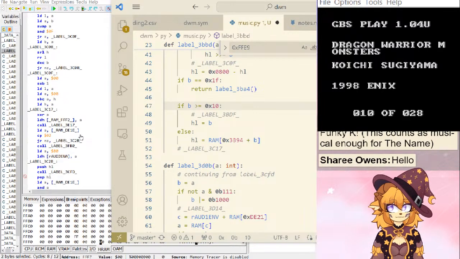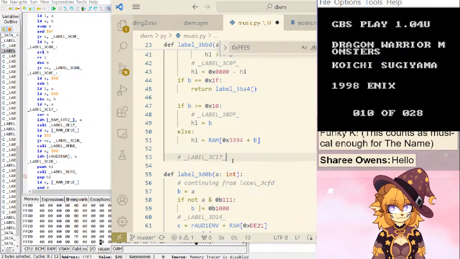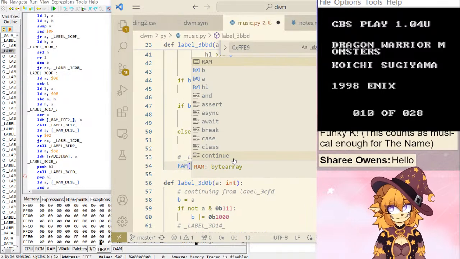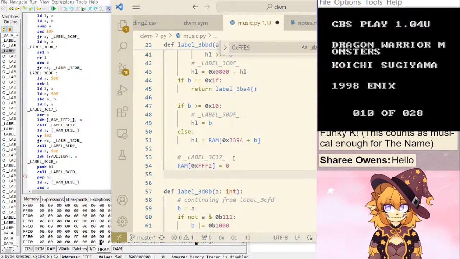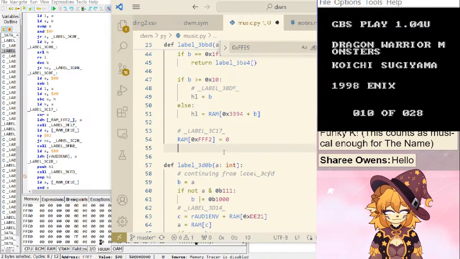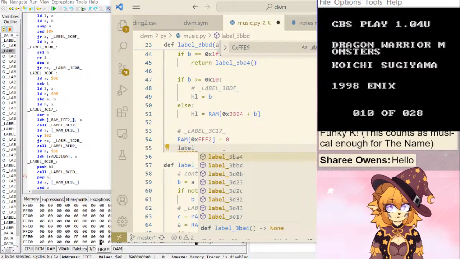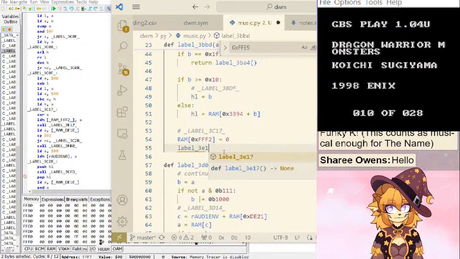Three C 17. 0xFFF2 equals 0, 0 from the XOR A. Label 3E17.